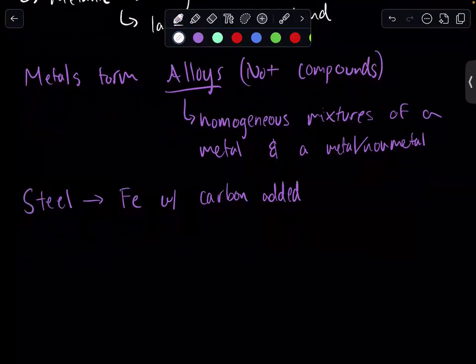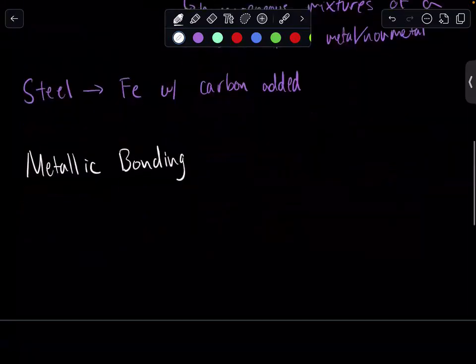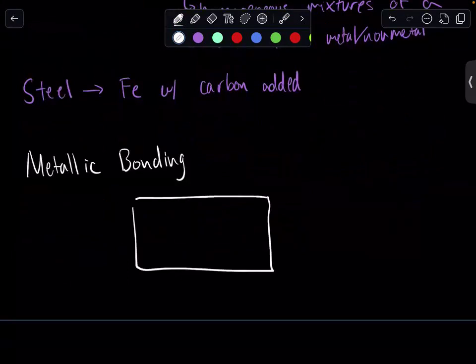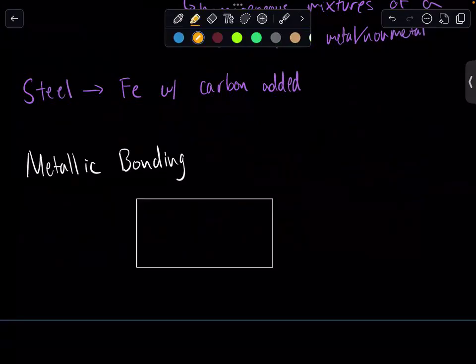Anyways, so with alloys, we have to go back to our metallic bonding. So once again, I'm going to repeat metallic bonding a lot. When we look at metallic bonding, it's nice to have an image of it. So I like to think of our cations, and I'm just going to drop some big ordered cations in a nice lattice structure.